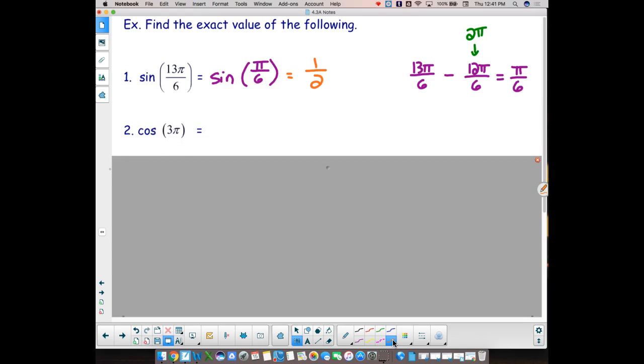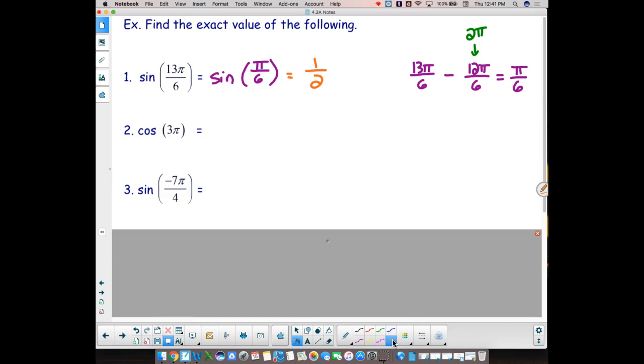I'm going to skip down to number 3. Number 3 says I've got the sine at negative 7 pi over 4. Now, because that angle is negative, I'm going to add 2 pi to that. Negative angles I add, positive angles I subtract, to get them back onto the unit circle.